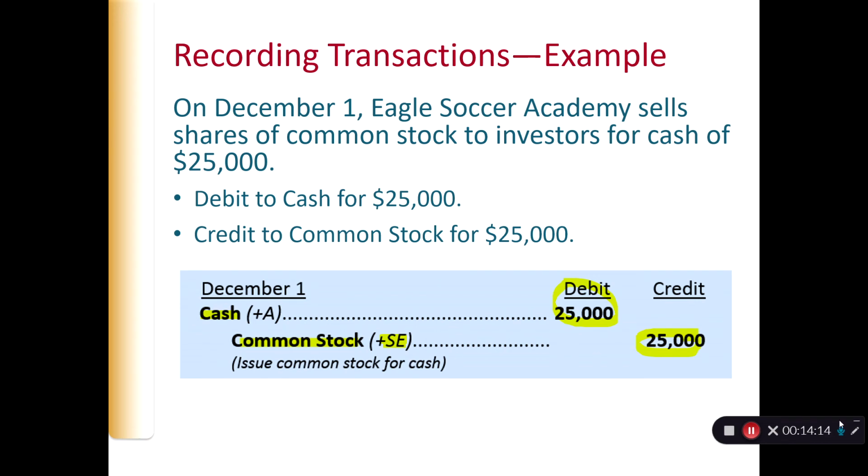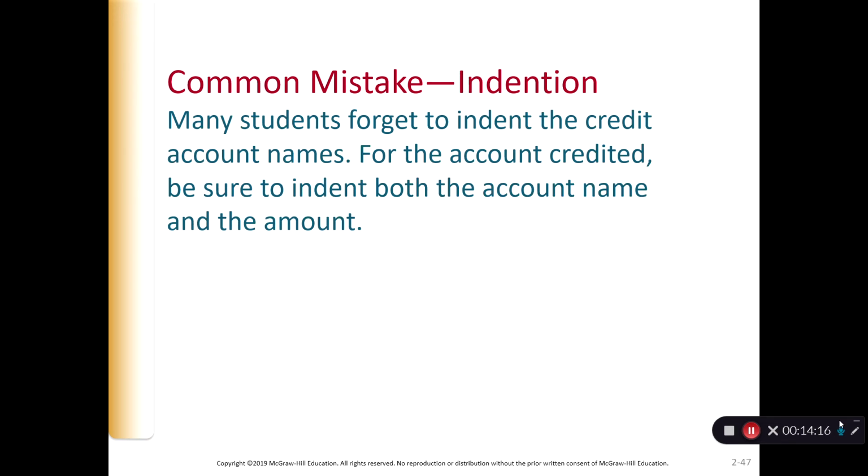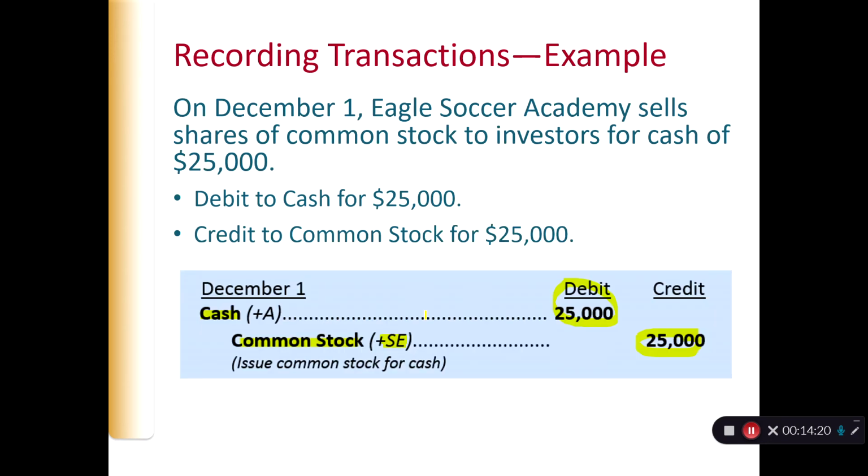Okay, just that simple. Okay, so common mistakes. I wanted to point out that every time you put a debit, this debit side of the account has to be all the way to the left, and the amount is also closer to the left.